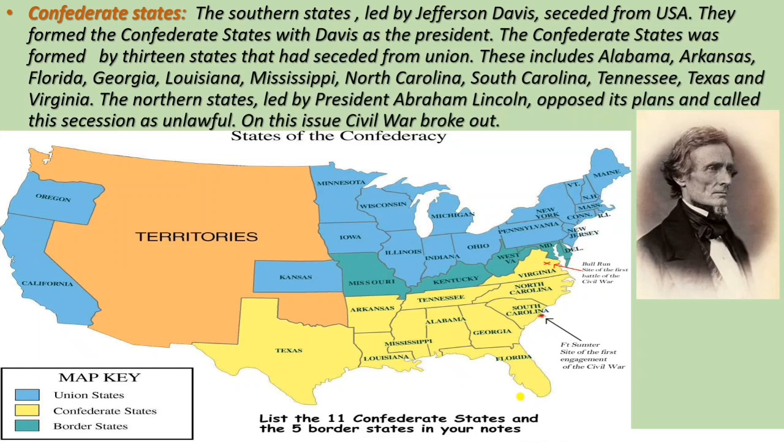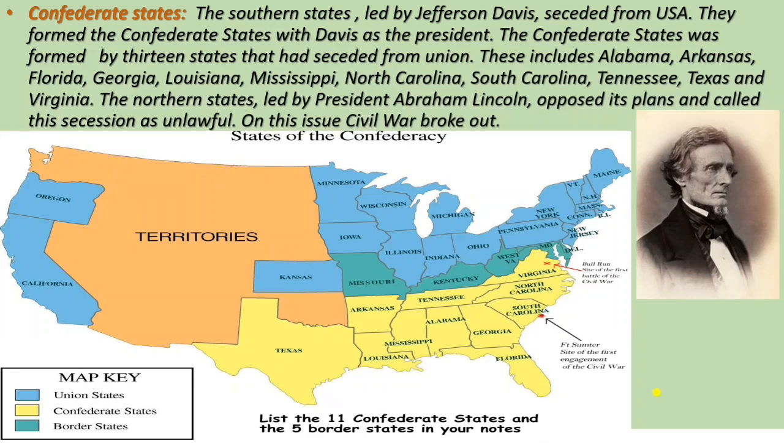But two border states, which you can see on the map, Kentucky and Missouri, were claimed by the Confederacy but never officially declared secession. So though there were 13 states in the Confederacy, only 11 are mentioned in the book.